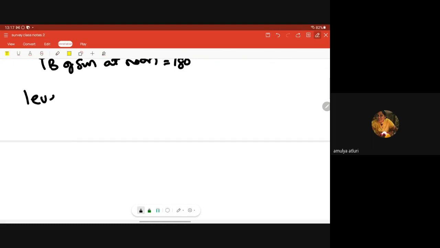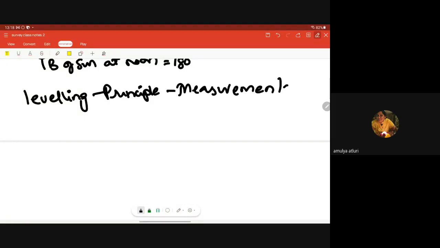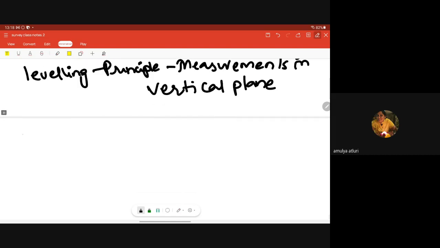So leveling. What is the principle of leveling? It is nothing but measurements in vertical plane. What are the objectives of leveling?